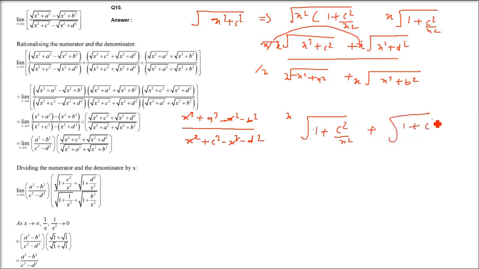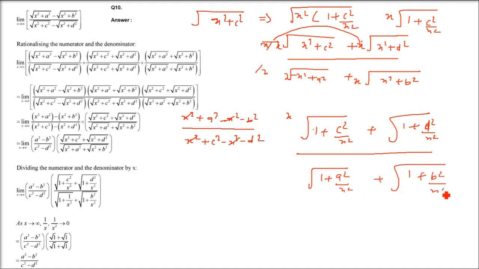Assume that x we have already taken out. Then in the denominator we have under root, with x taken out common, x square times 1 plus a square by x square, and here 1 plus b square by x square.